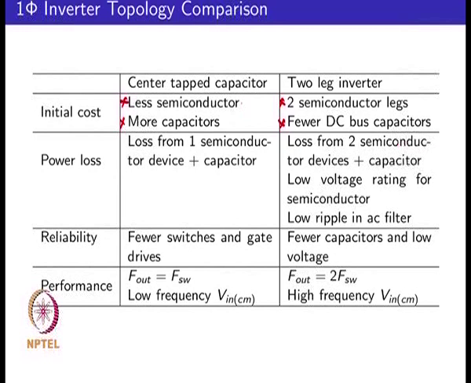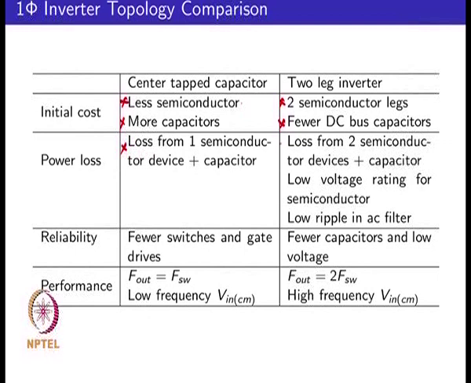If you look at the path for the current flow in the center tap topology, your current would be flowing through one semiconductor device, be it a transistor or a diode. Then the return path is through the capacitor. So, you have losses due to the drops in those paths, which could be the conduction drop and the drops in the ESR of the capacitor.